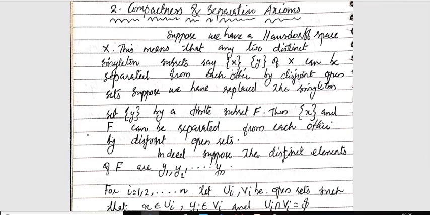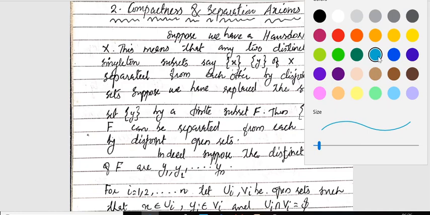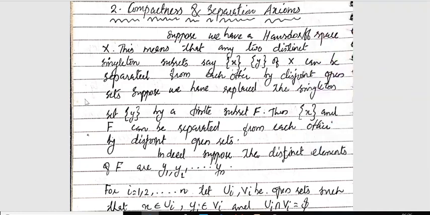Suppose this is your x, and you have some finite elements, something like this. Since this is Hausdorff, you will have an open set containing x and an open set containing this one.